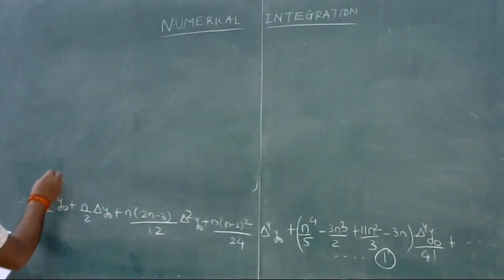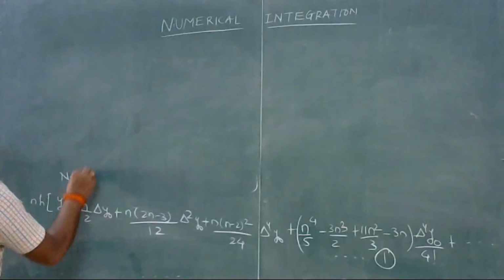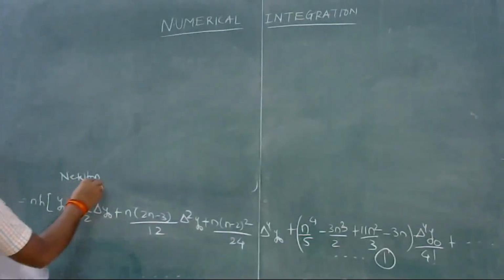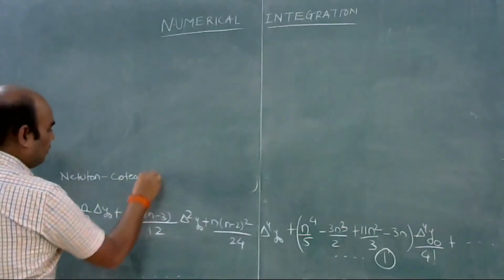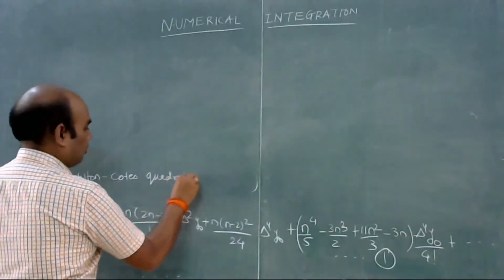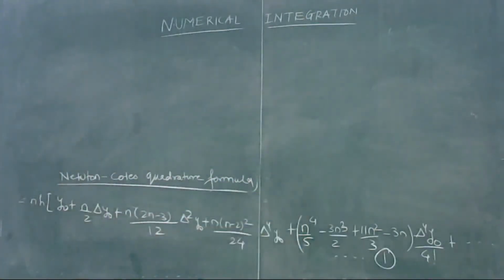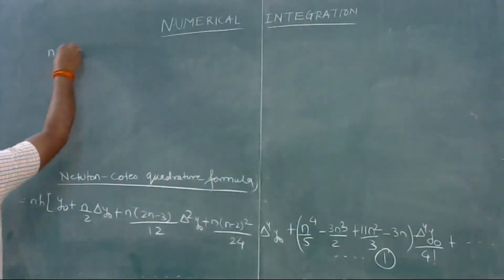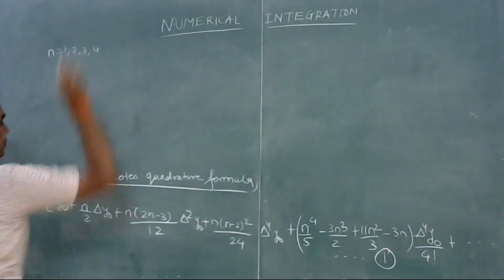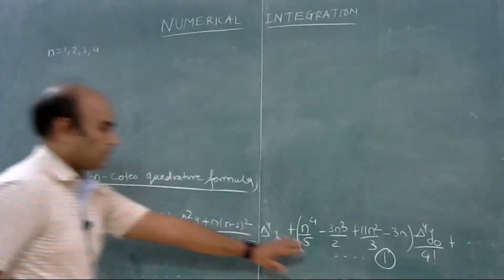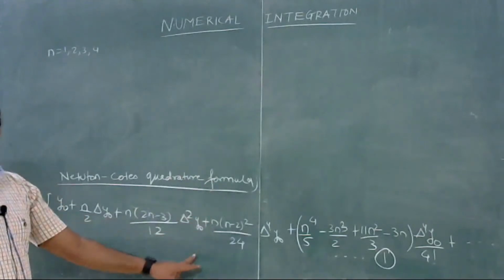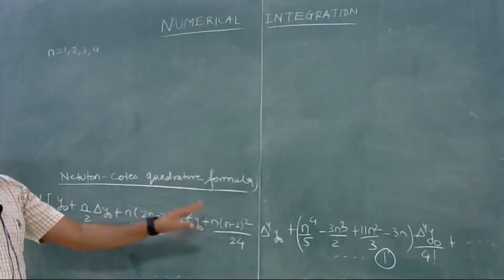So this is known as the Newton-Cotes quadrature formula. This is the general formula, and we will derive important quadrature formulas by taking n is equal to 1, 2, 3, 4, 5, and so on.